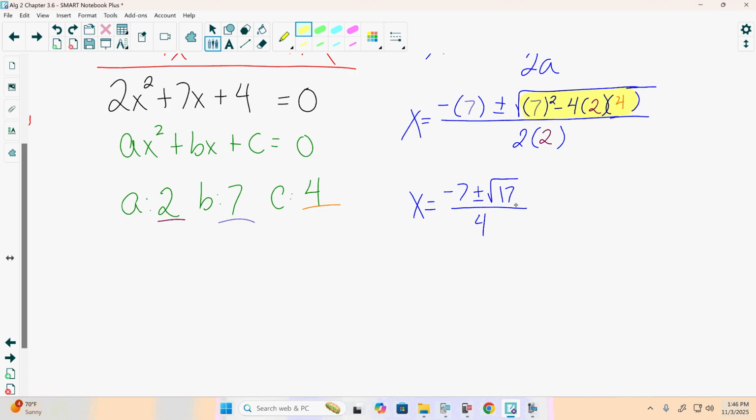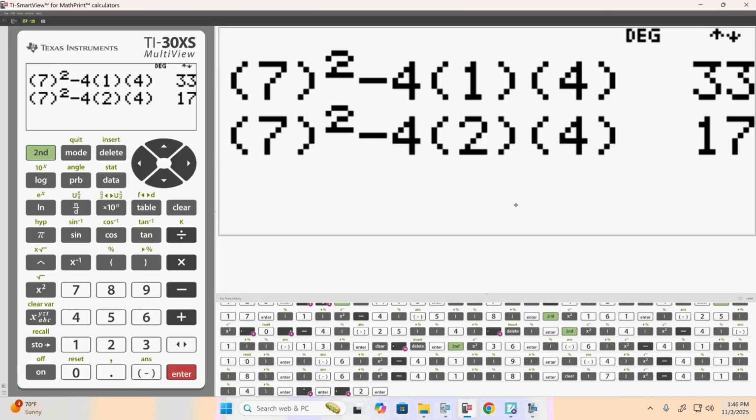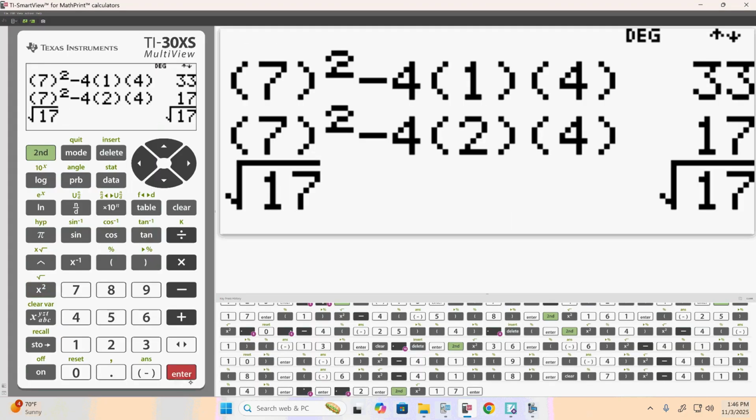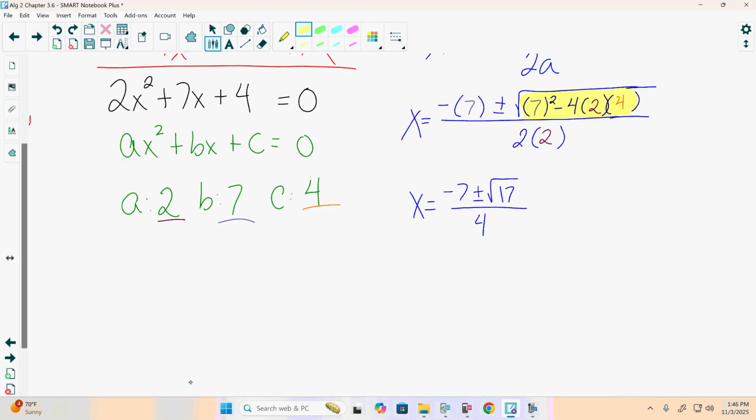Now we need to make sure that the square root of 17 doesn't reduce. It's already in simplest radical form, which is still the square root of 17, so that doesn't reduce. The last thing we need to make sure for simplifying is that the top two terms, our negative 7 and the square root of 17, do not share common factors with each other or the 4 on the bottom, which they don't.